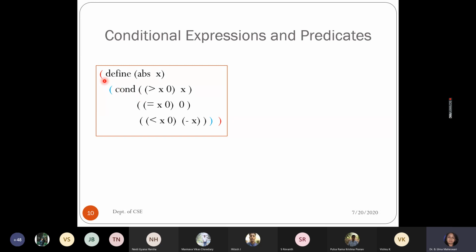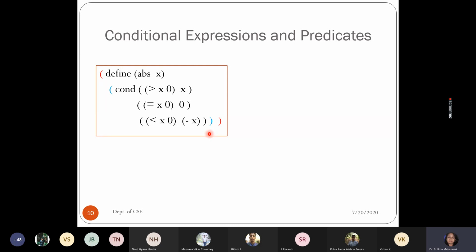You start a bracket, then before the procedure name another bracket, and before the condition another bracket, and after the condition you write the predicate inside the bracket. These are all things you have to memorize and practice. So cond, x is greater than 0, x; x is equal to 0, 0; and x is less than 0, minus x. Properly close the brackets. This is very important, otherwise it will not proceed further.